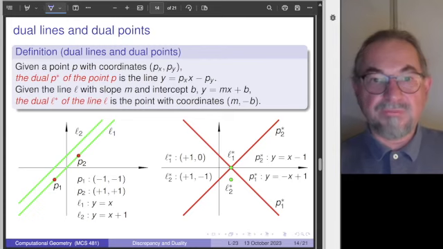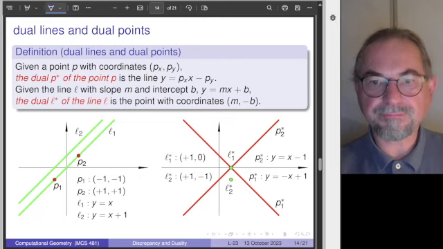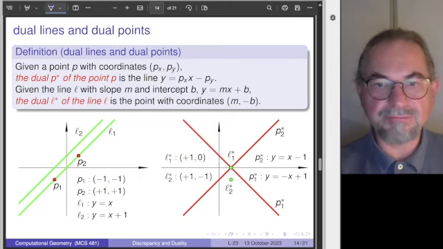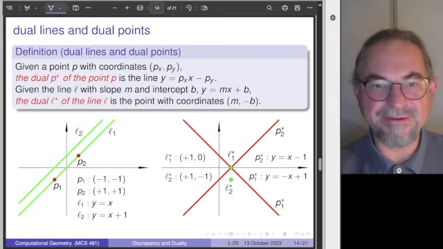You see here the formula, 1, 1. So the dual of the point is the line. So the dual of that other point, let's now take again minus 1, so we have minus x plus 1.